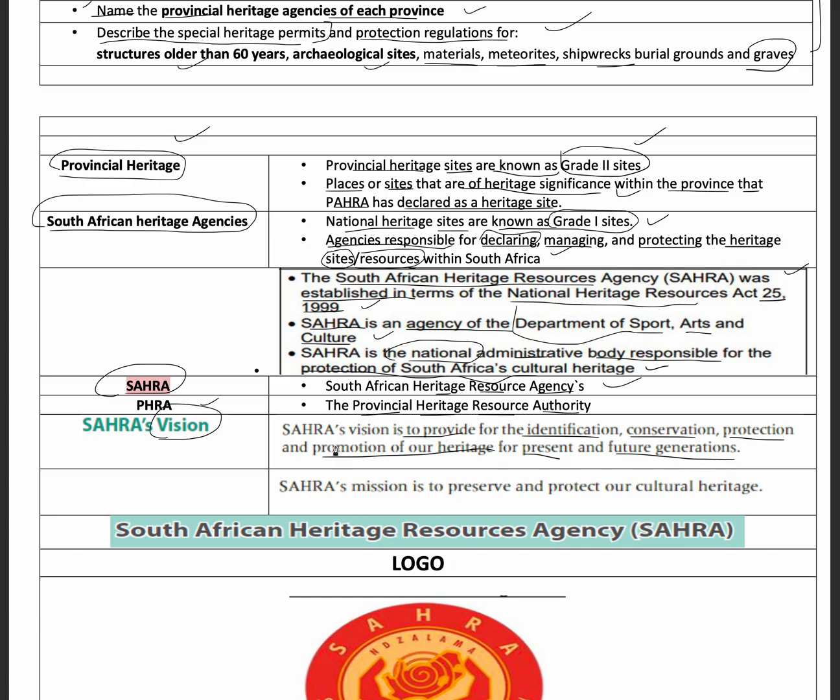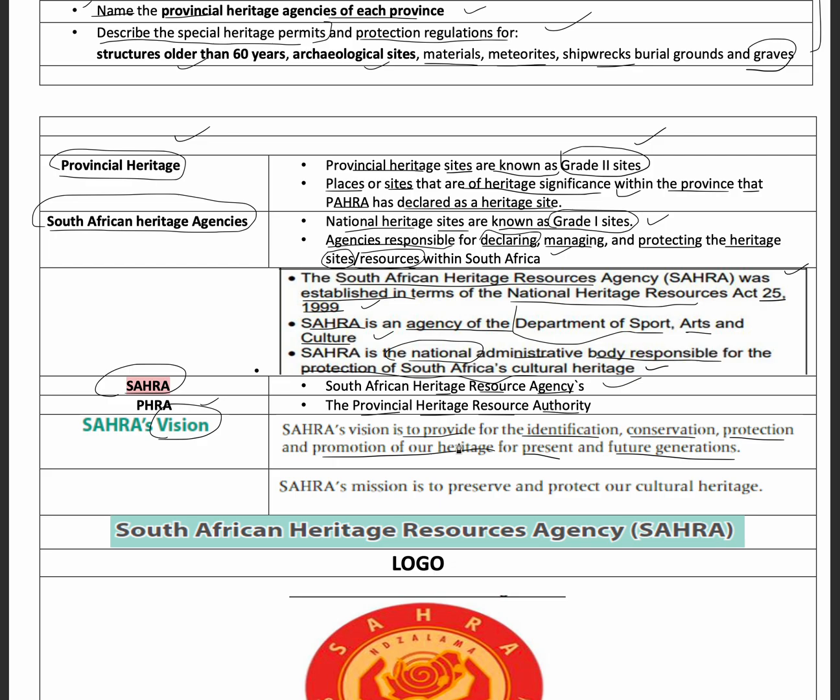So the vision is to make sure that they are protecting and promoting, and also there is identification, and also there is conservation.